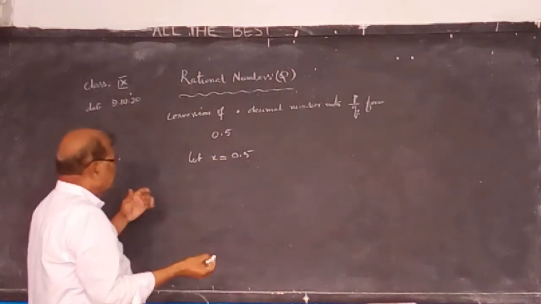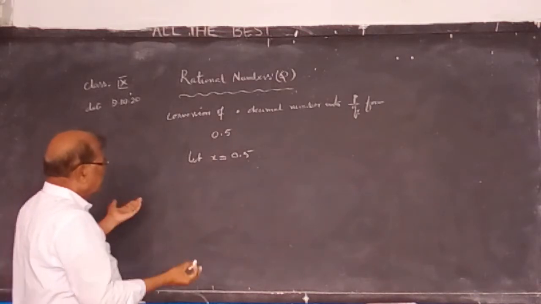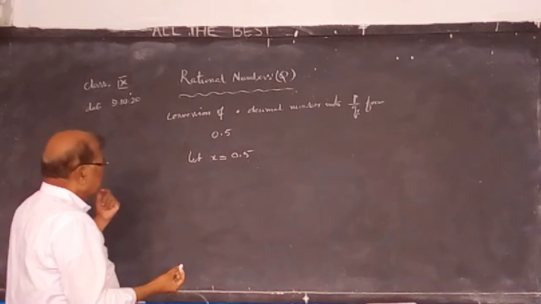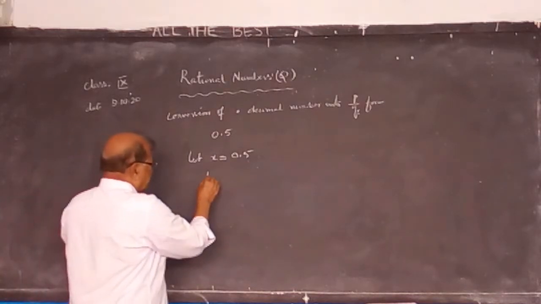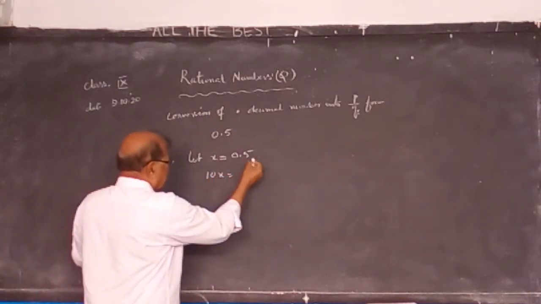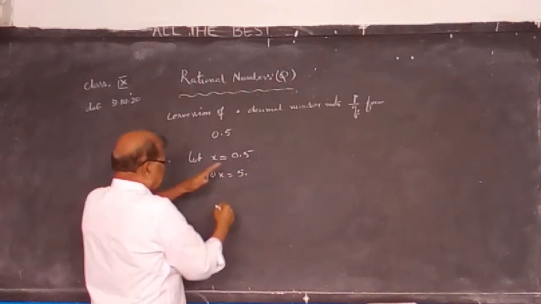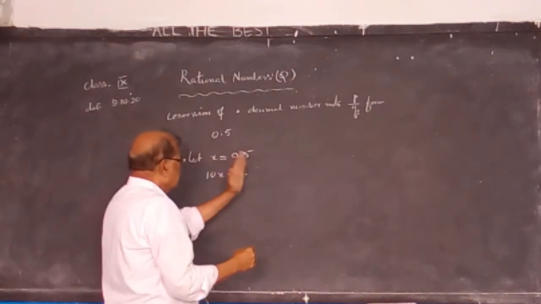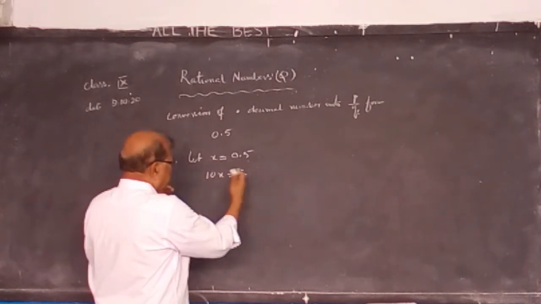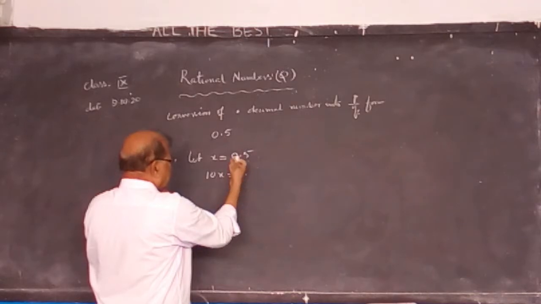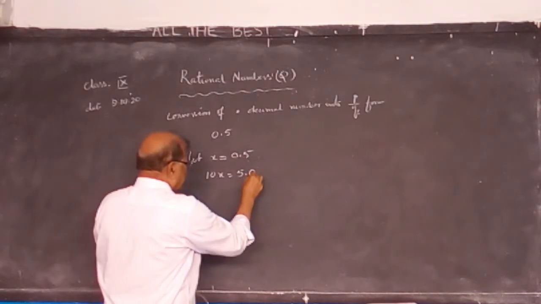The equation does not change by multiplying or dividing by the same number. So if you multiply by 10, you get 10x. When you multiply with 10, one place is moved. So 5 comes here, 5.0.